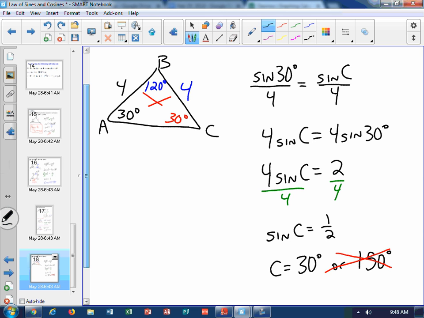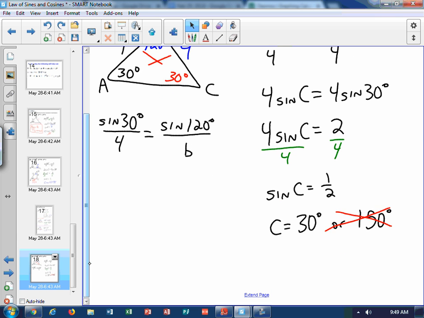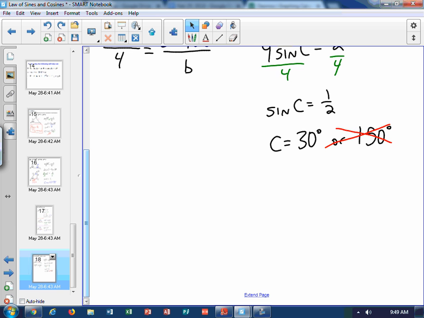Then to find the measured side B on the base there, we have sine of 30 over 4 equals the sine of 120 over B. So cross multiply.